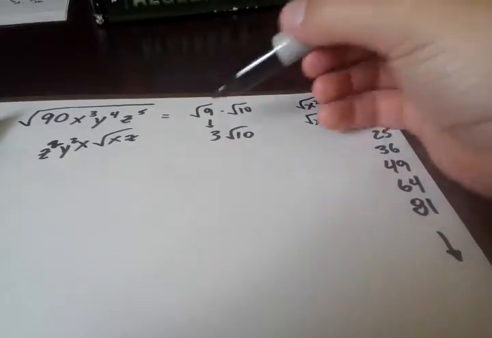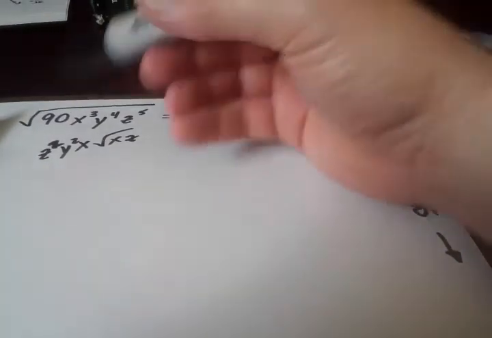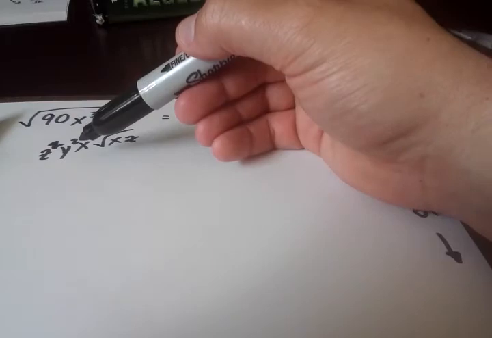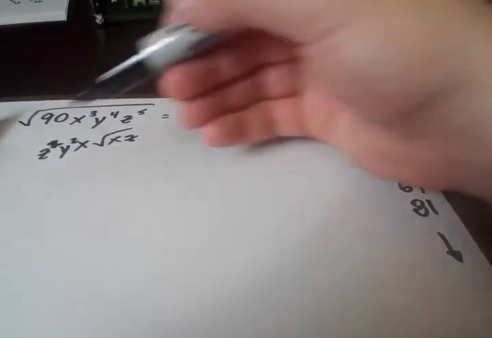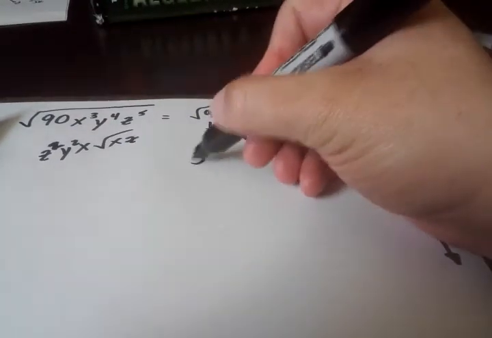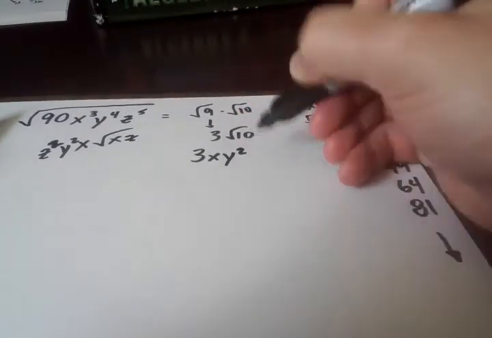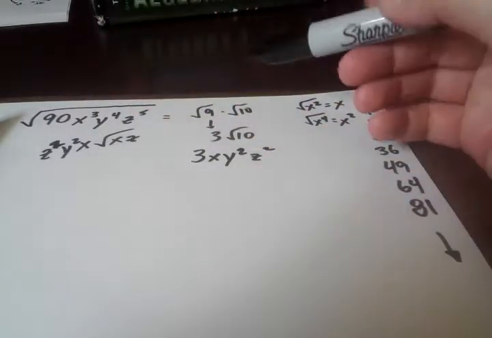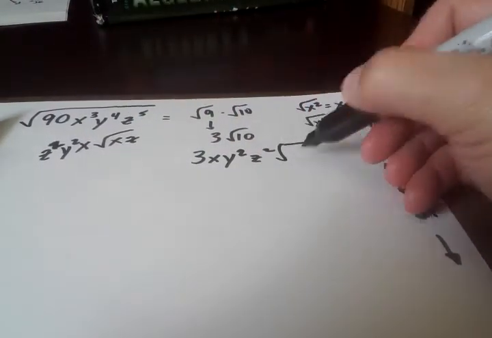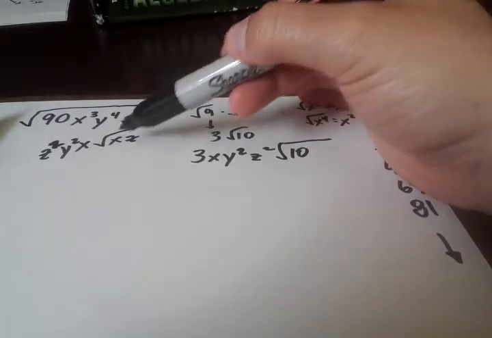So remember, here's our number, okay? And there were the variables. So what we're going to do is put our number with the variables that we took out. So I have 3x, y squared, z squared. Remember, these are the variables we took out. And then inside the radical is 10, but also that x and z, right?